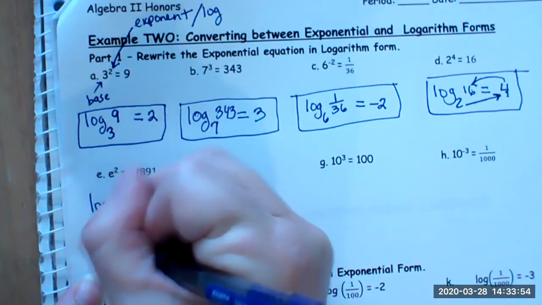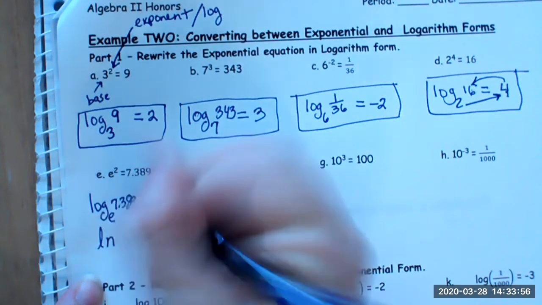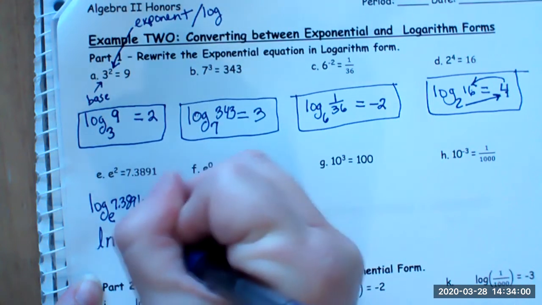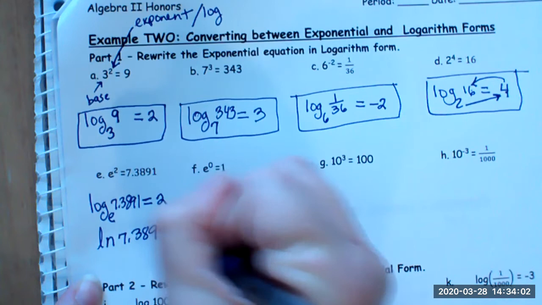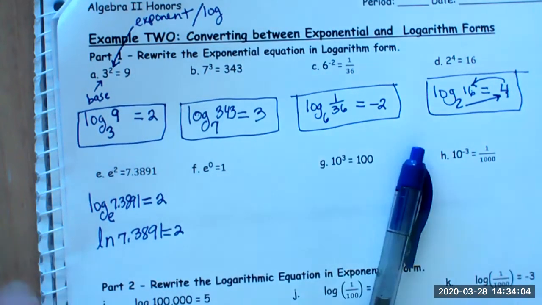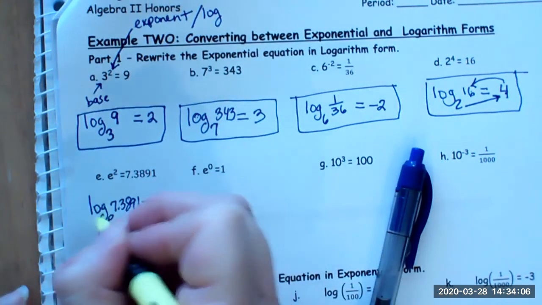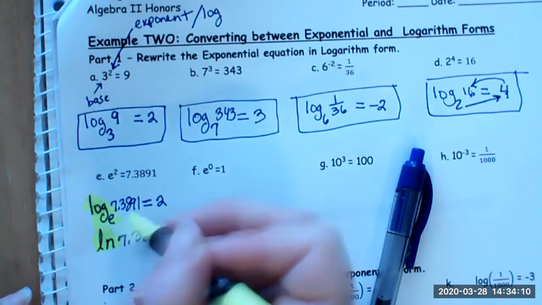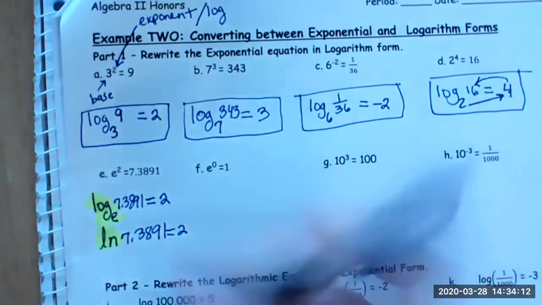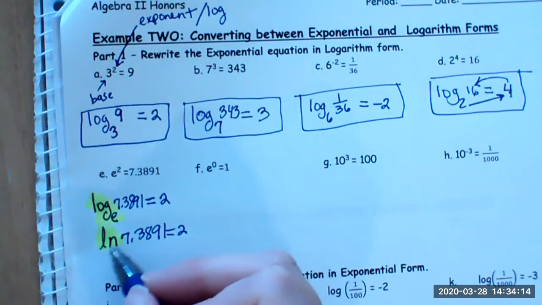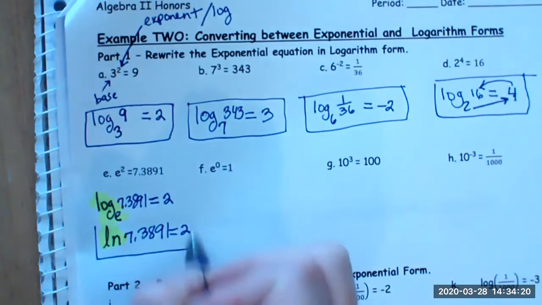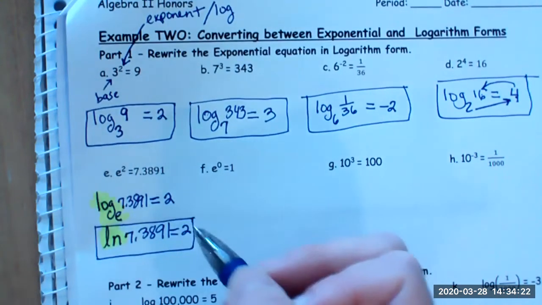So I'm going to write ln in place of log base E of 7.3891 equals 2, okay? So again, log base E is the same as ln, but we want to typically write our answer as ln, and we read it natural log of 7.3891 equals 2. Okay? All right.